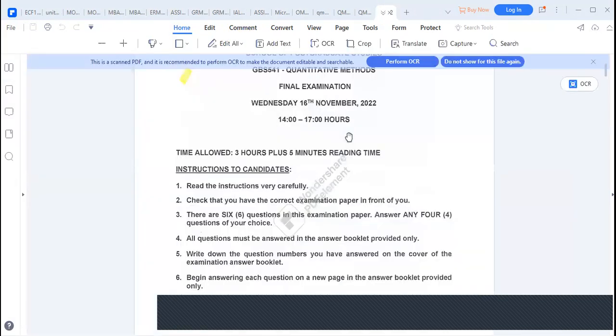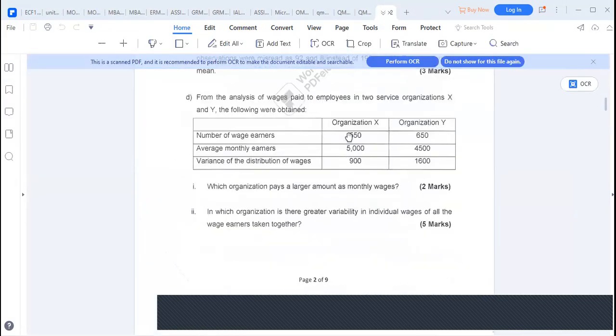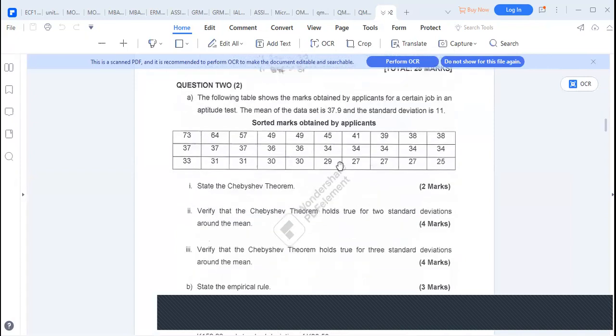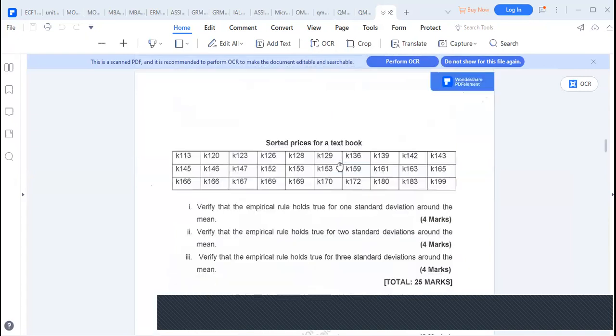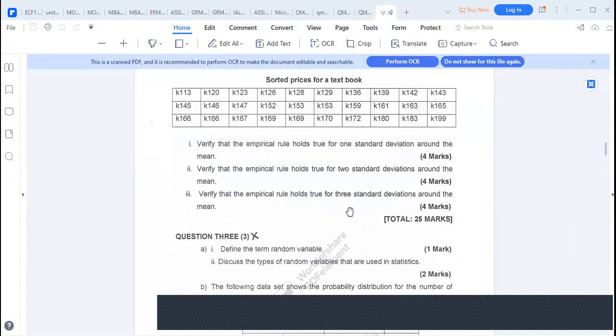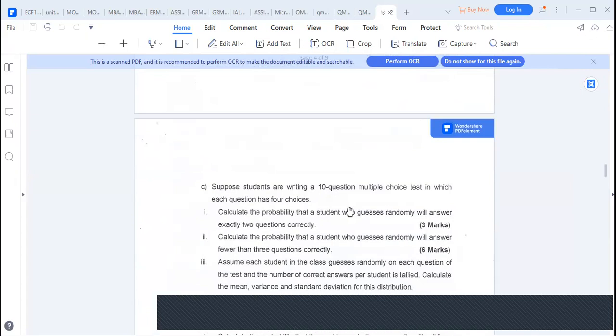Now I want us to go to the exam question and see the question that was given to people to do with the percentiles. So we have this one here. What we're doing is the empirical rule, no?